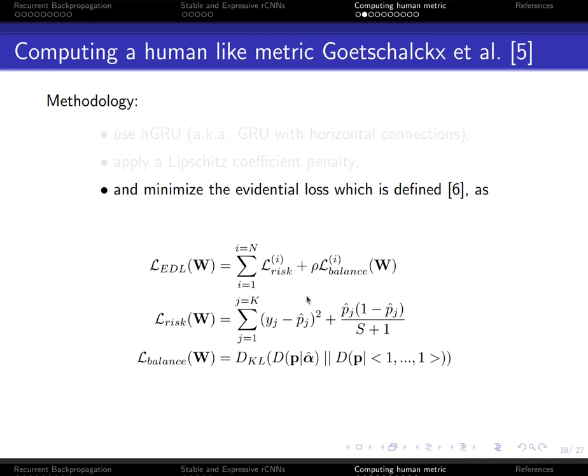So you have an error here with the ground truth. This term right here accounts for some variance, and they also penalize with the regularization so that the concentration parameter of the Dirichlet distribution for the logits that are not the true targets is uniform and flattened.